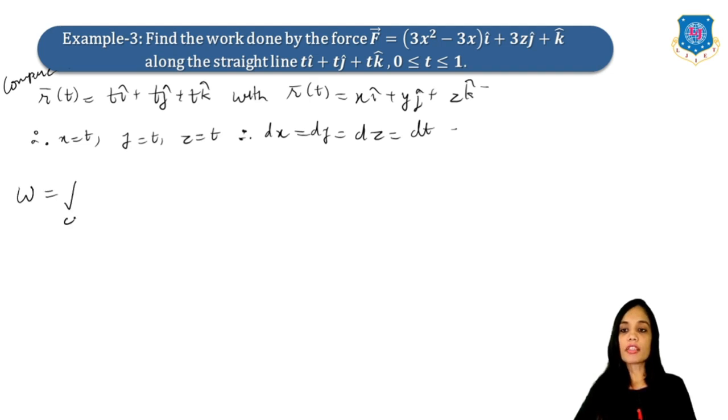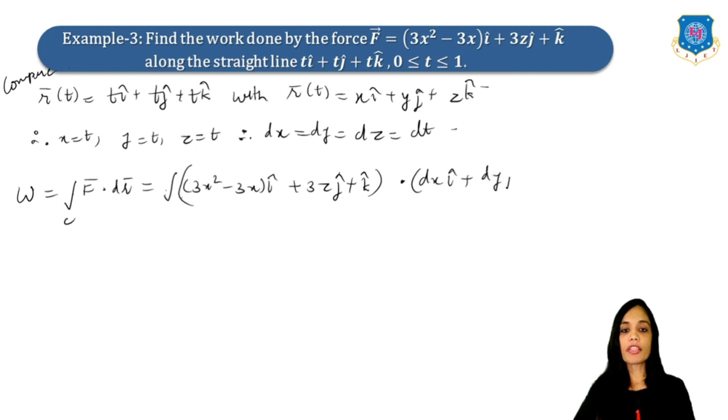So now let us find the work done. So formula is integration over C F bar dot dr bar. So that will be integration over (3x square minus 3x) i cap plus 3z j cap plus k cap dot dr bar means dx i cap plus dy j cap plus dz k cap.